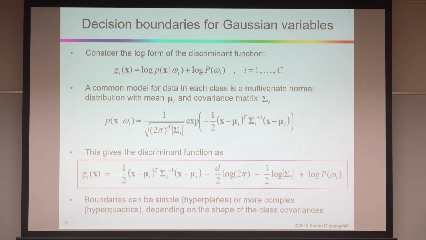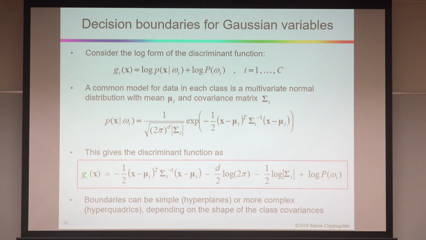So this is a quadratic product. This is a constant that doesn't depend on the class, so that disappears from comparisons between the classes. This is the covariance matrix for the ith class, and this is the prior probability of the ith class.